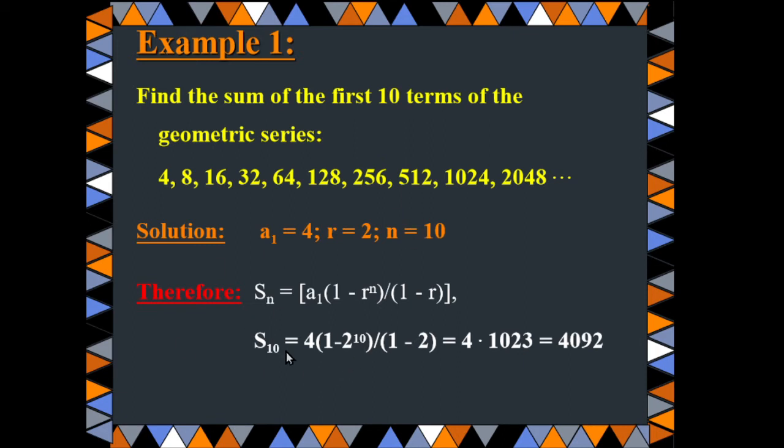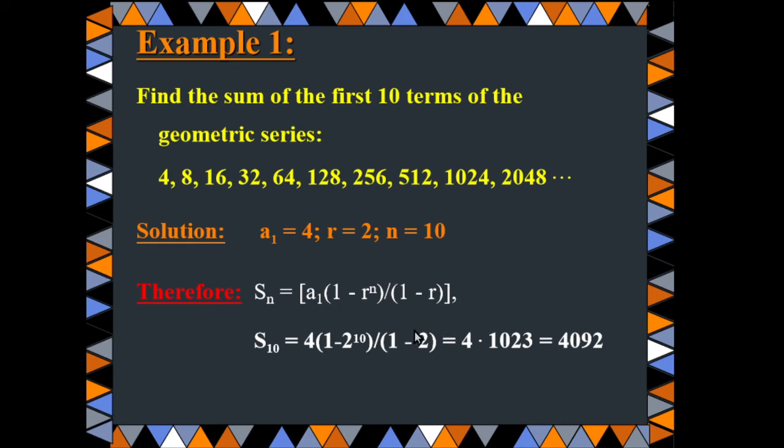Now we use the formula S sub n is equal to a sub 1 times the quantity 1 minus r raised to n, divided by the quantity 1 minus r. Substitute a sub 1 as 4, then 1 minus 2 raised to 10, over the quantity 1 minus 2.